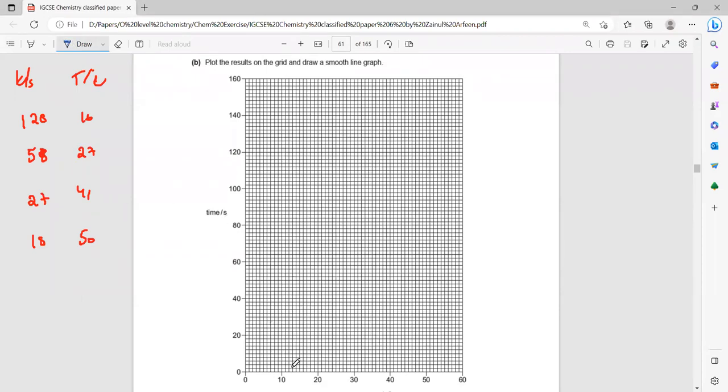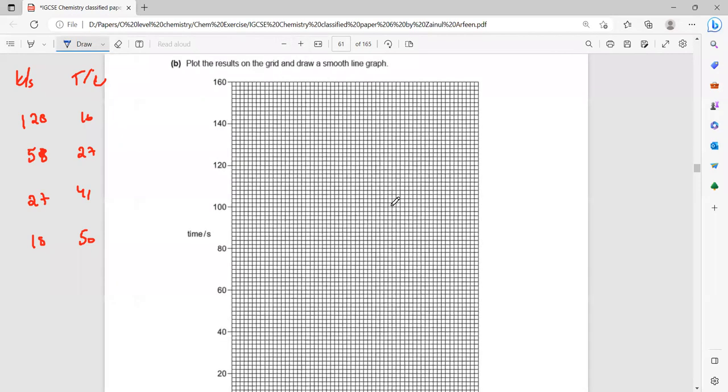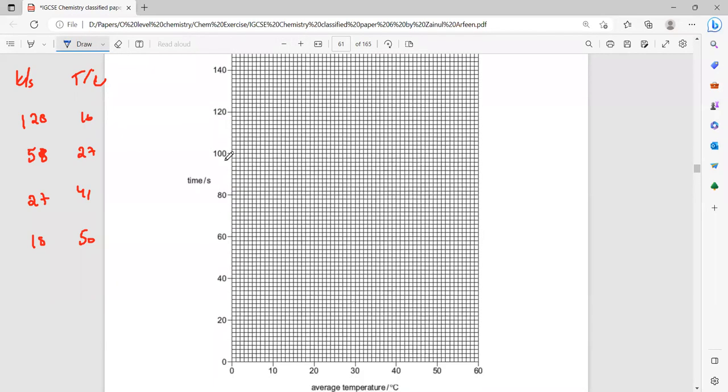So first, 16 and 128. Ten boxes equal 20, so each box is 2.